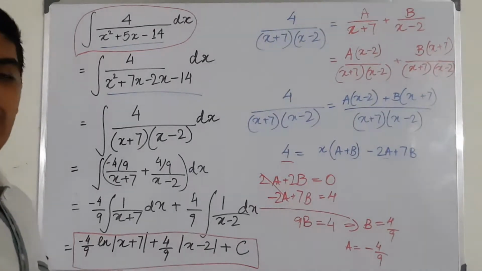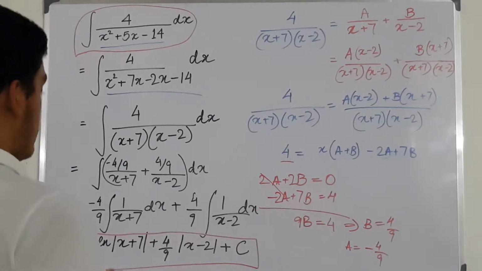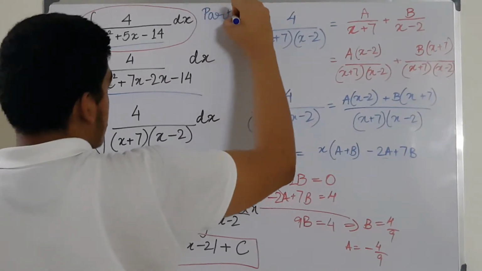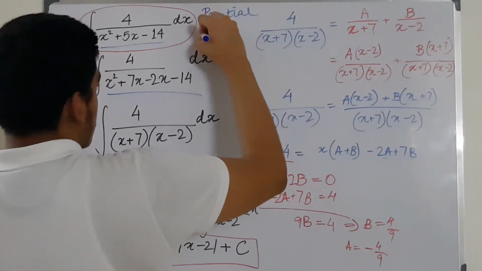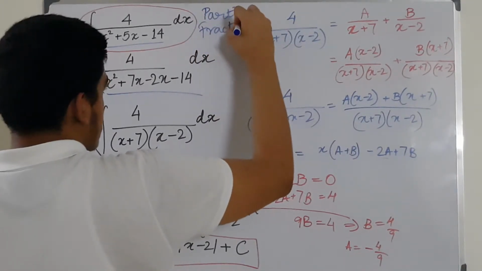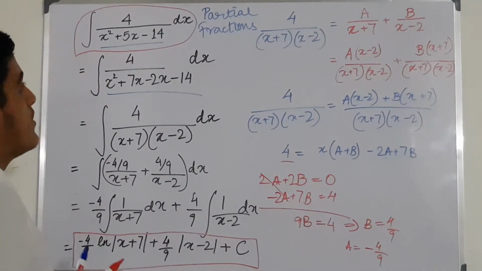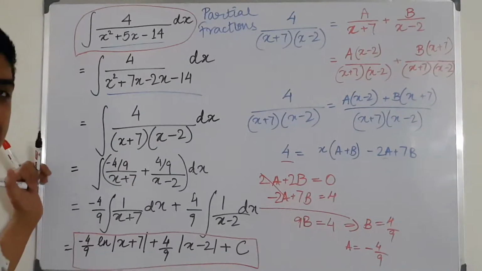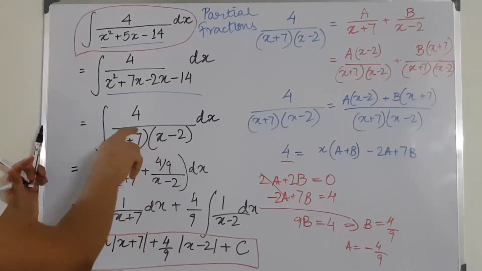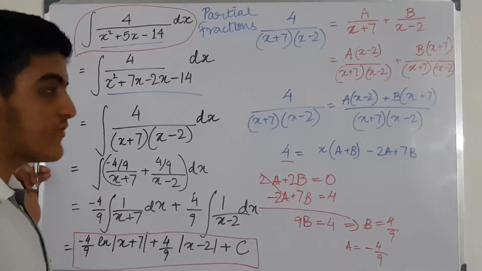So let's just have a quick run through of what I did. This method is known as partial fractions. First I factorize the denominator, and then I split it into different expressions with each factor as one of the denominators.